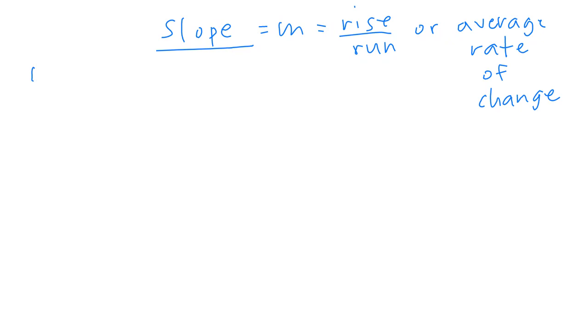Okay, first formula, it's finding the slope. m is equal to y2 minus y1 all over x2 minus x1.